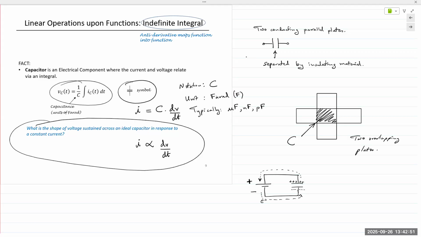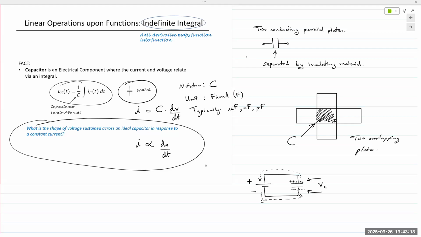So every time an electron moves out of its spot, it leaves behind a positively charged hole. So you have positive charges here, and negative charges on the other side, and this gives rise to VC, capacitor voltage. So the movement of electrons between the source and the plates of the capacitor is what we call the flow of electric current.